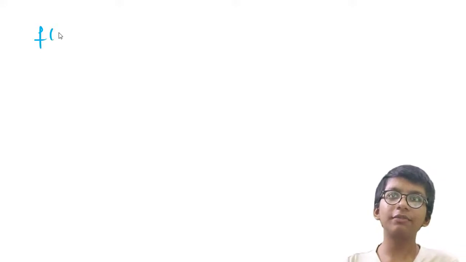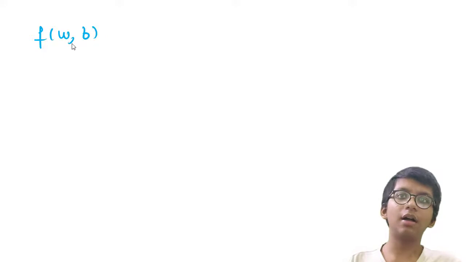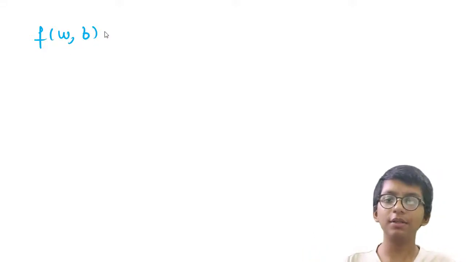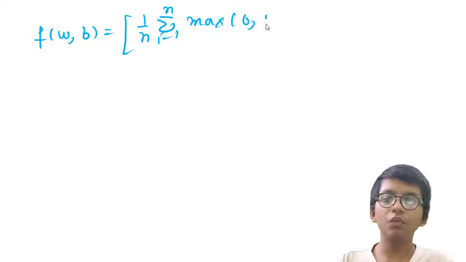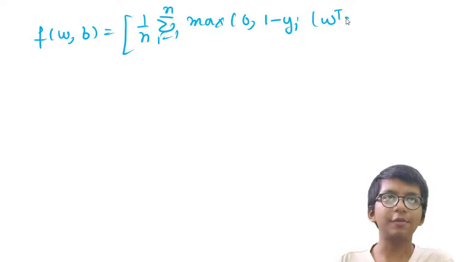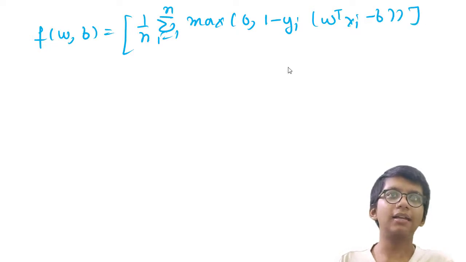So first we'll talk about subgradient. Subgradient is just like gradient descent, but instead of taking a step at every data point, it takes a step in the vector direction. You can see visualizations over the internet, but what you are actually doing is writing a convex or differentiable function for minimizing the loss: f of w, b equals 1 over n, the sum from i equals 1 all the way down to n of the max of 0 and 1 minus yi times w transpose xi minus b, adding a lambda term.